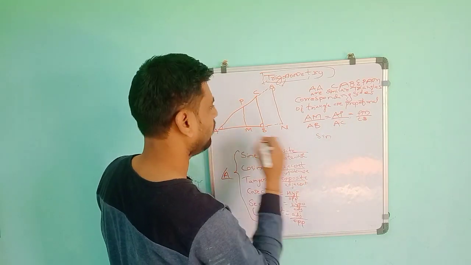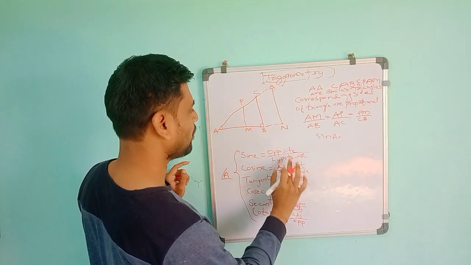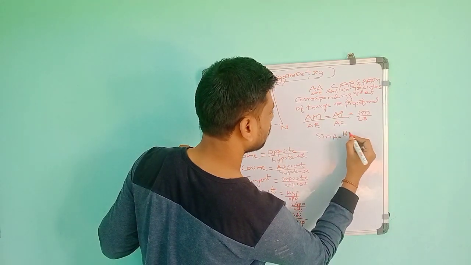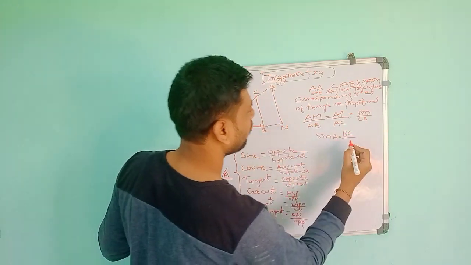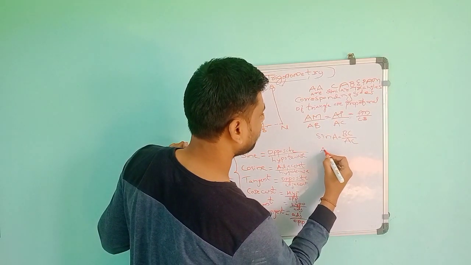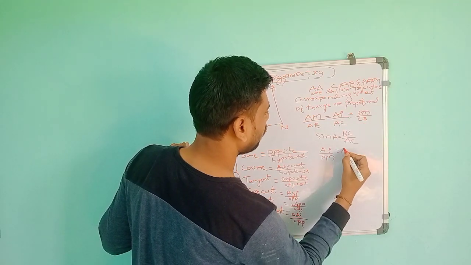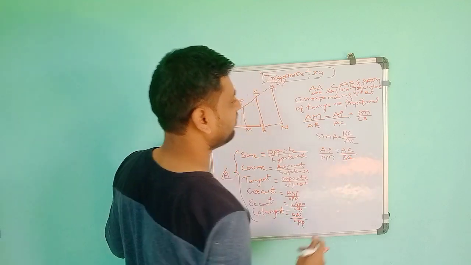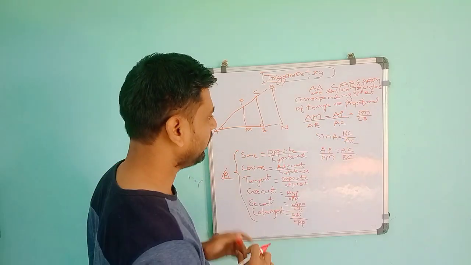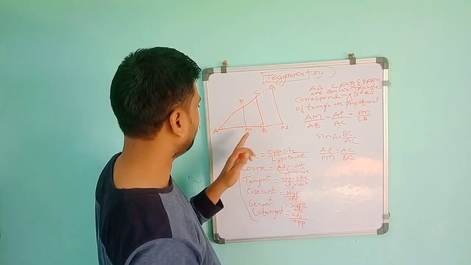So you can write this as sine. If you take sin A, the formula is opposite by hypotenuse. Opposite is BC divided by hypotenuse AC, so it is BC by AC. Here also you can write AP by PM is equal to AC by BC. Then AP by PM, this is PM and this one AM.